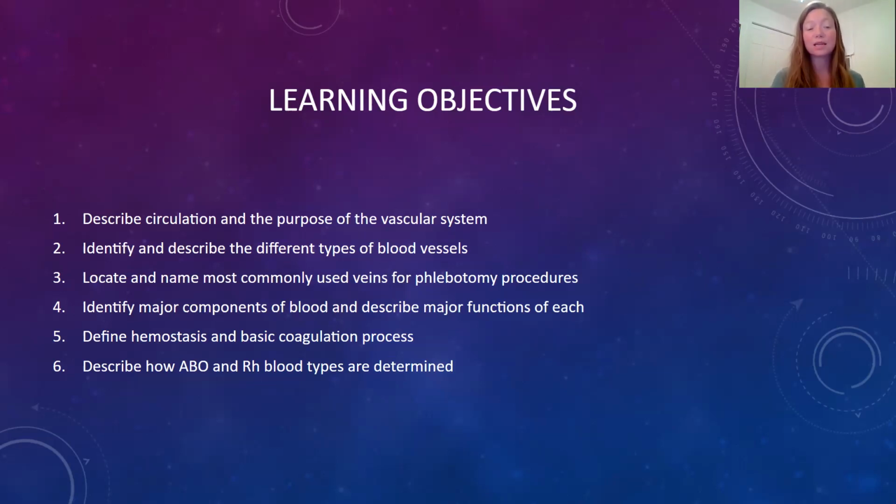We're also going to talk about hemostasis and the basics of coagulation. Hemostasis is important to understand as a phlebotomist as well. That's simply the stopping of bleeding, right? Something you're going to be doing on a daily basis. And also we're going to end with a little bit of discussion about blood typing, so including A, B, O, and RH blood types.